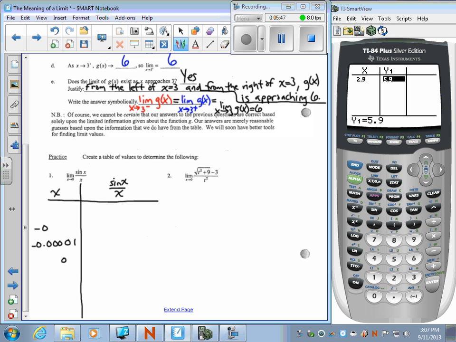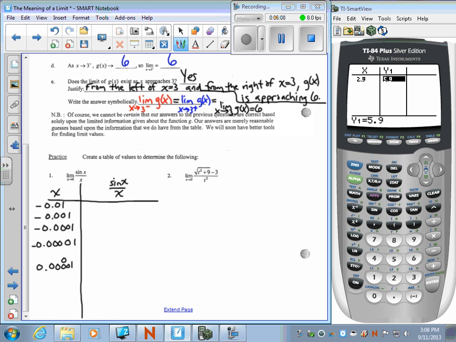Further away from that, okay, so I'm just making values very close to 0. I don't care really about 0.1. I care about things closer and closer to 0. So these are on the left. They're the negative values. Then we're going to do the same thing with the values on the right.